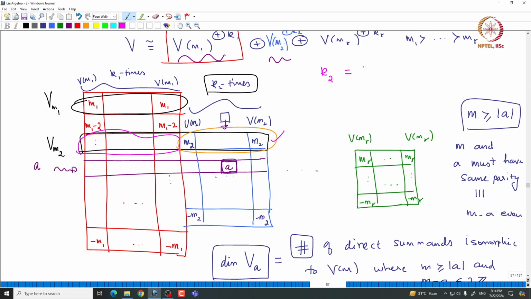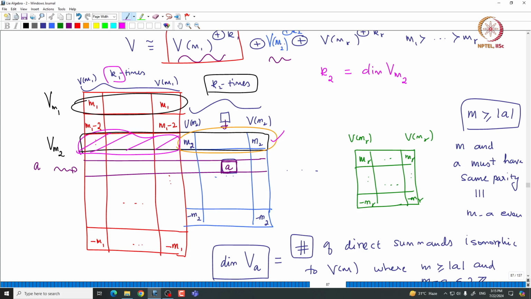So, that is the dimension of Vm2. Okay. So, this is the whole space. That is giving you the dimension of the weight space of capital V associated with m2. Now, if I want to subtract this part, that is exactly the number of times K1 appears.